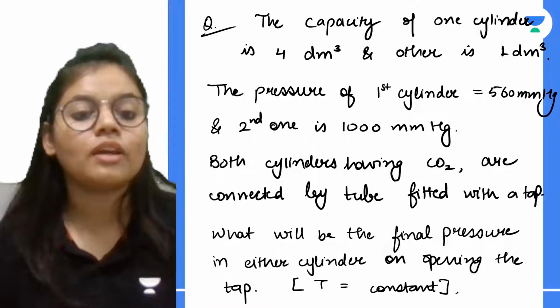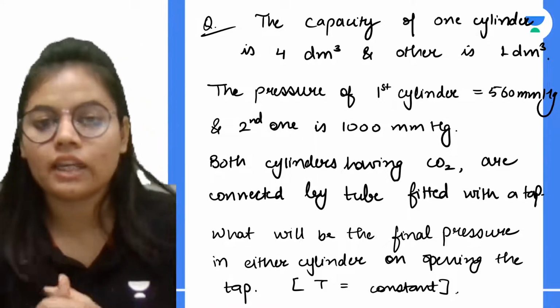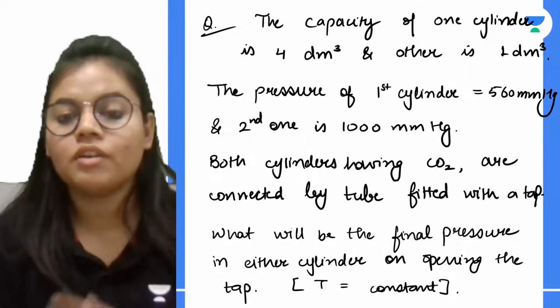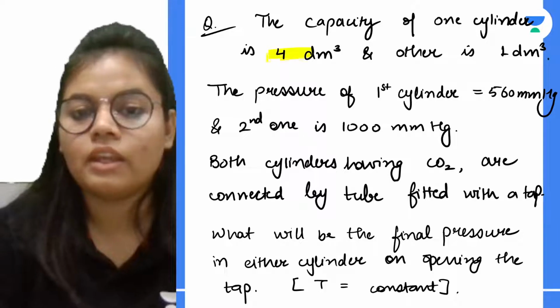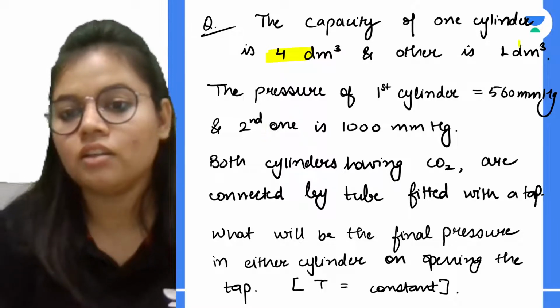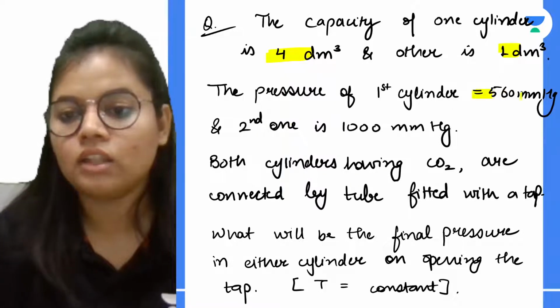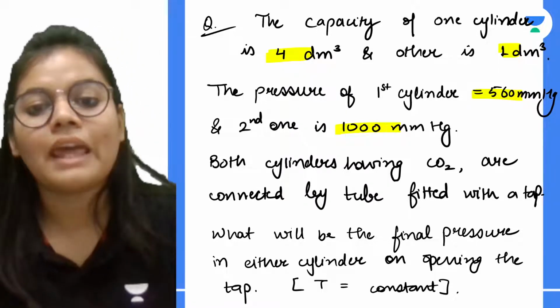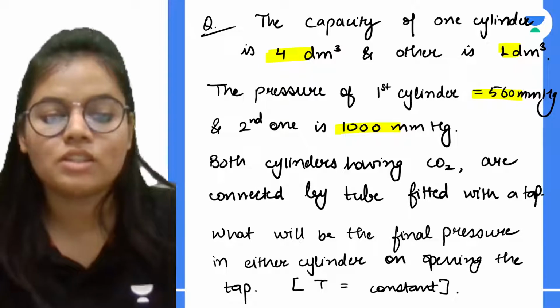So this is fixed, Boyle's law will apply, but how will it apply? Because if you simply do it with P1 P2 and V1 V2, this is our V1, this V2, this P1, this P2, no, this is not going to be the same type that we solved the previous questions.